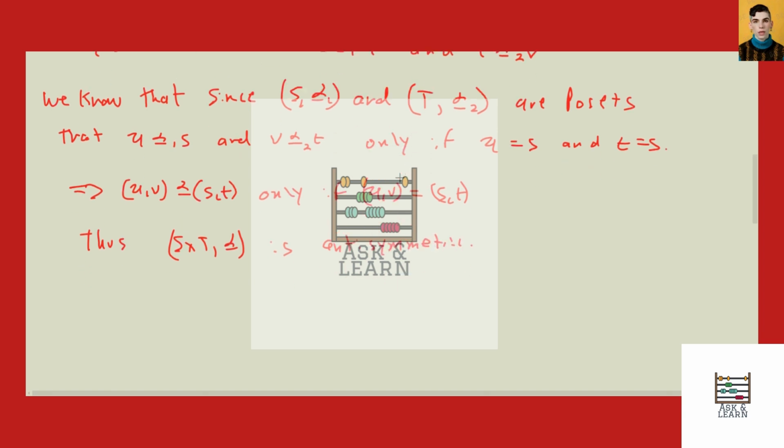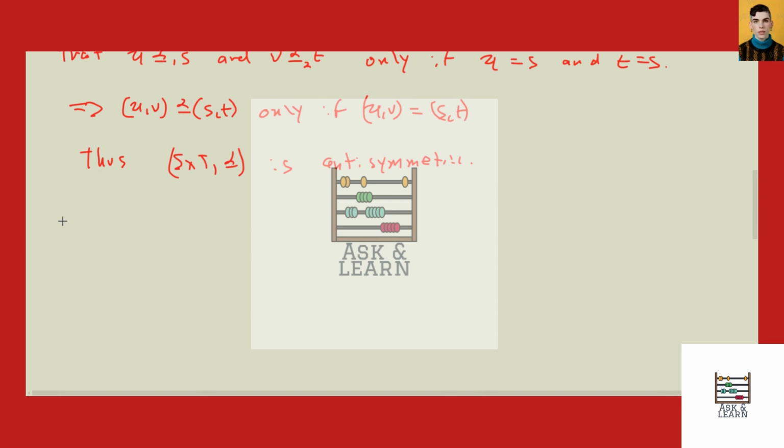And now the last thing we want to show is that it is transitive. So let's write what that means up here. If we had x less than or equal to y and y less than or equal to z, then this implies that x is less than or equal to z. So we want to show that.